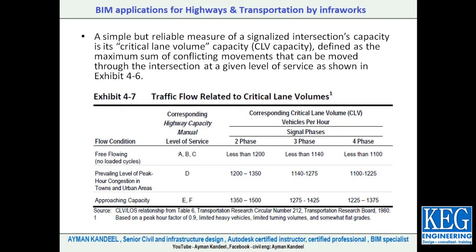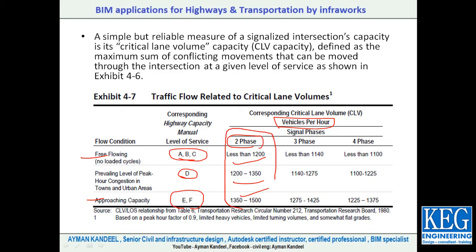So in the case of flow condition, free flow is level of service ABC, approaching capacity is E and F, and prevailing level of peak will be D. In this case, for two phases, the vehicles per hour will be less than 1200, and in this case it will be 1200 up to 1350 and so on.